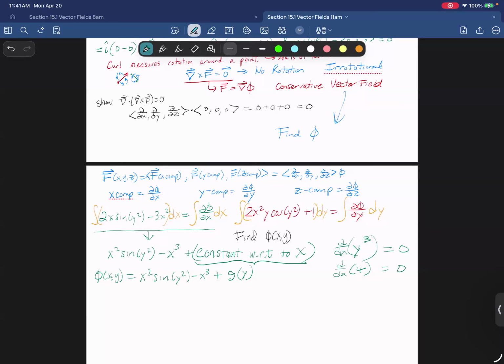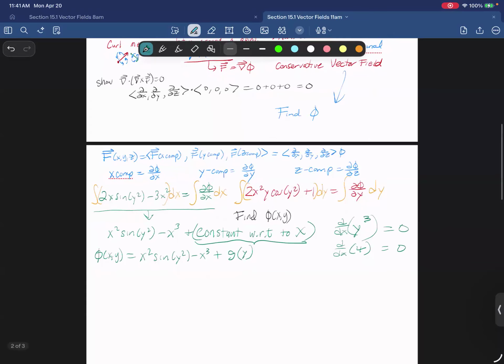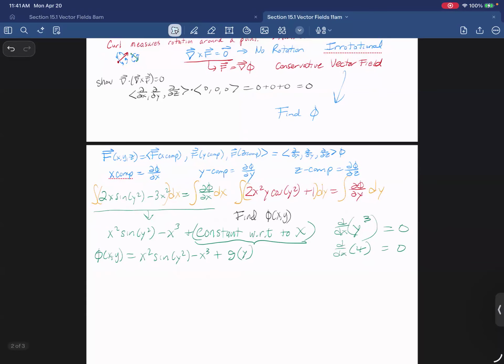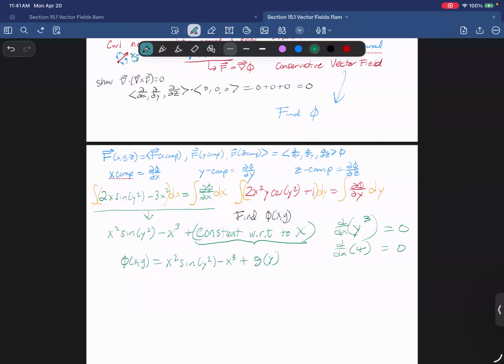It's deep. Now, one way of doing this is also integrating the other one, or when you have 3 of them, integrating all 3 and just finding the overlap. But I think there's a little bit of an easier way of doing this. If I take the derivative with respect to y of this, I get d phi dy on the left side.